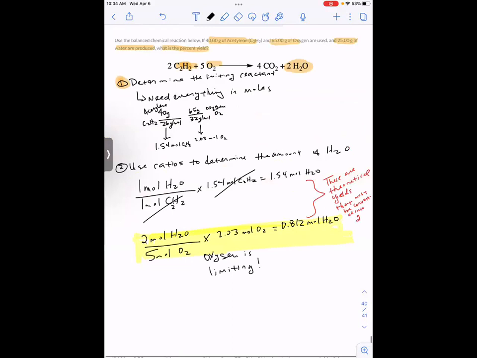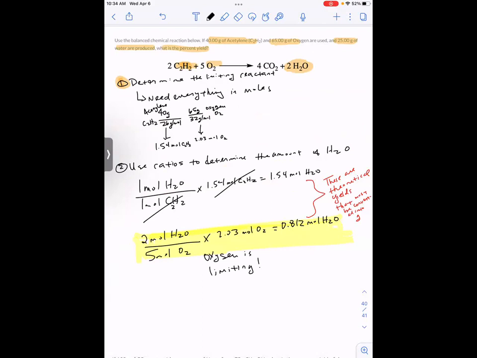Now, would you have predicted that based on those coefficients, if that's all we used? No. You'd say, oh, you've got 5 moles of oxygen, so that must be in excess and acetylene has to be limiting. That's why you have to go through the process. Everything has to go through this process if you're trying to figure out what your limiting reactant is.